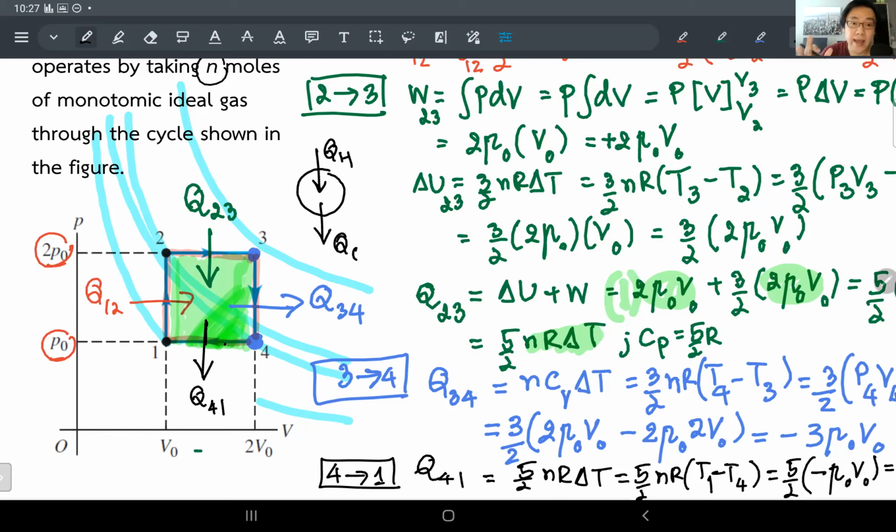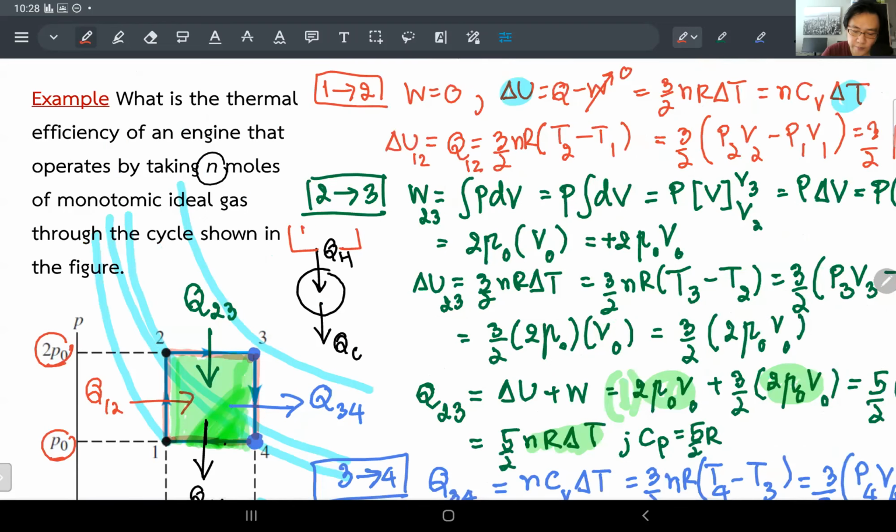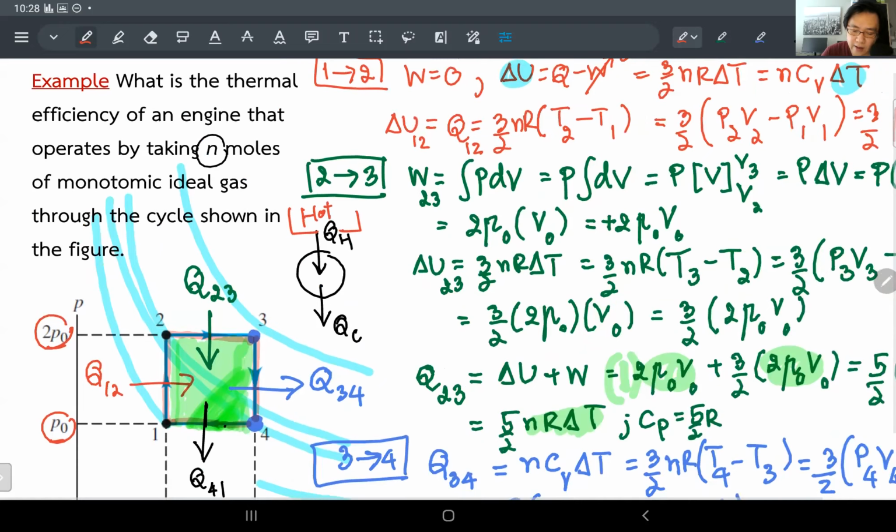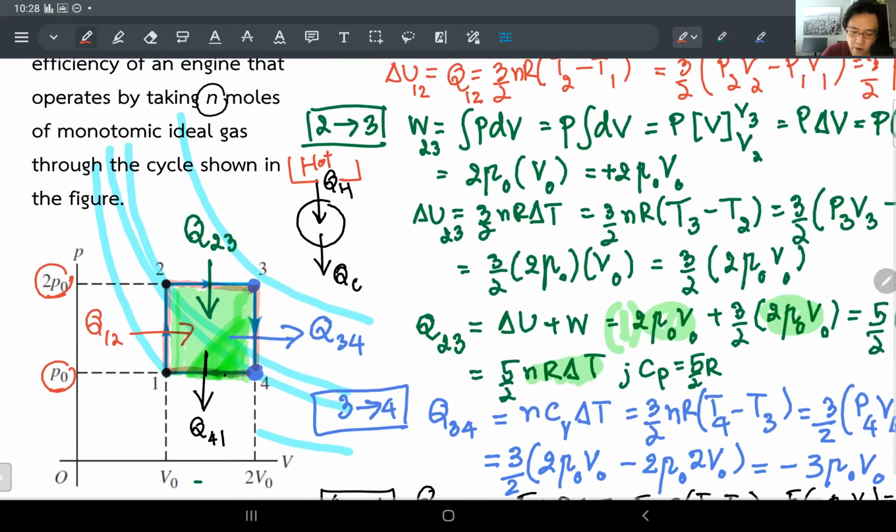So now the main diagram that we have: the hot reservoir, and you extract something from the hot temperature. It doesn't have to be a single source anymore now, but let's say that's the hot part. And then you dump things out in the cold reservoir. That's cold, right? Remember, this is our main diagram here.